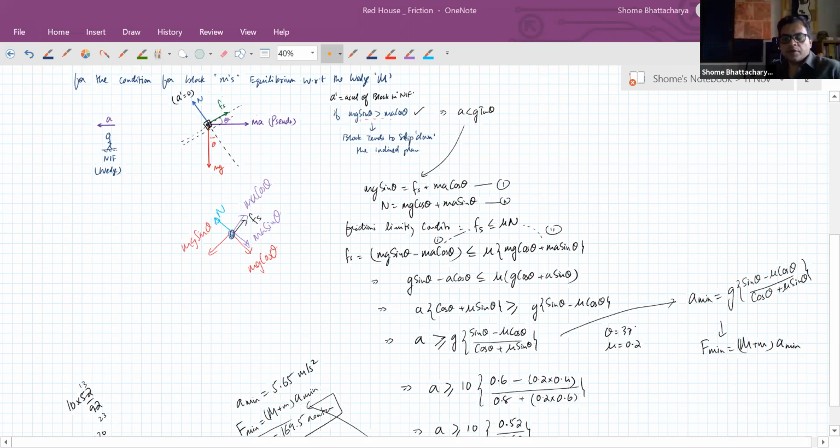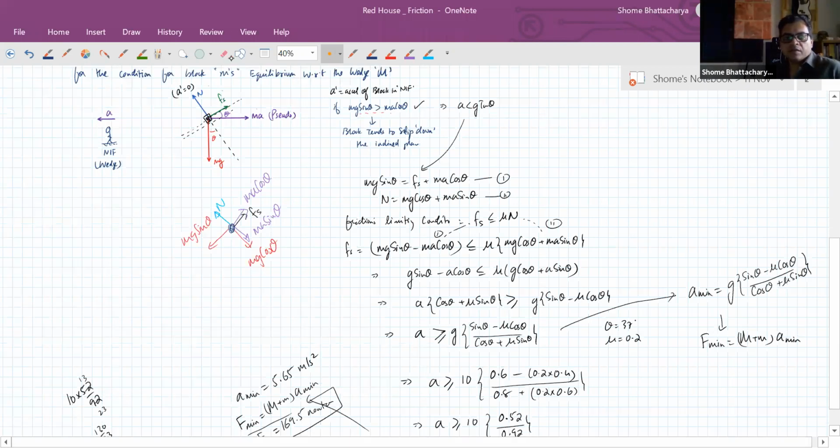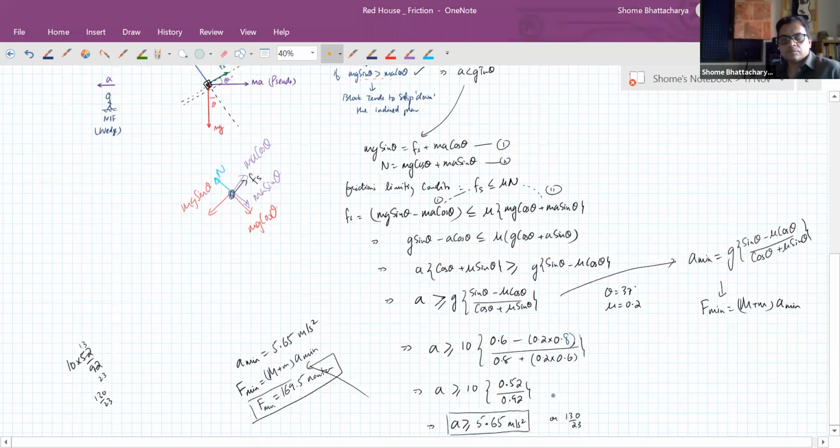Yeah, cos theta is 0.8, that's correct. But I think in the next step, I've taken the right value only. So, oh, sorry, I have not taken the right one. Wait, wait. So this is numerically wrong. Okay, you have to make a correction here, people. This will become 0.6 minus 0.16.